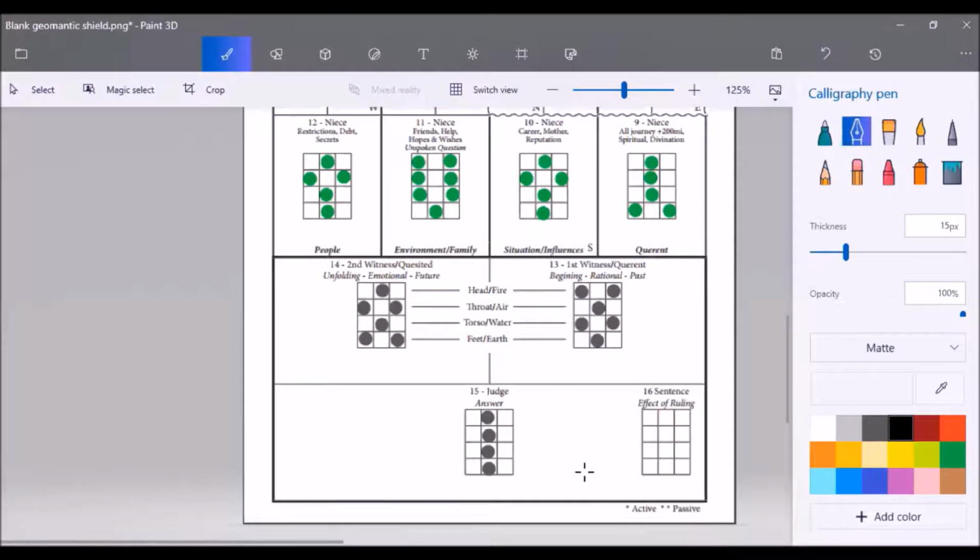Therefore, if you ever get Puer or Puella or Laetitia, for example, as your judge, then you automatically know that you've done the chart wrong. You've messed up somewhere. It's geometrically impossible, right? Just how the mathematics of it all works out.